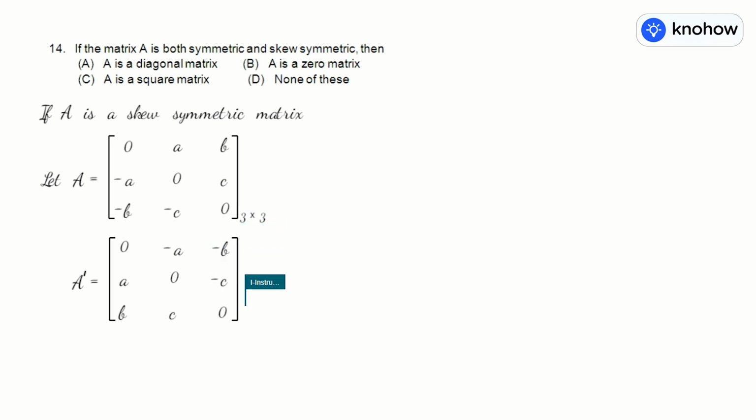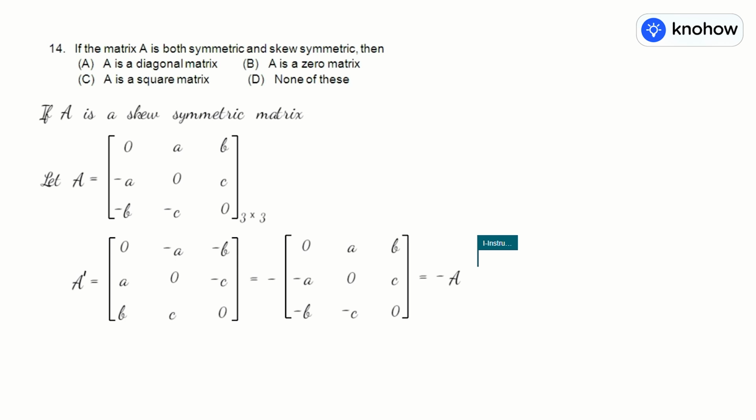If you take minus common out of it, you get 0, a, b, minus a, 0, c, and minus b, minus c, 0, which is nothing but A, so minus A. So we have verified that the example we have chosen is of the skew symmetric kind.